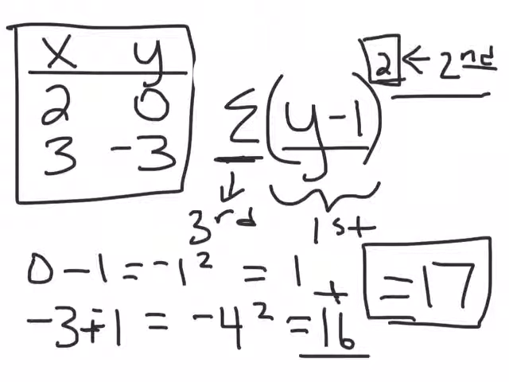So remember, parentheses come first, then you have any exponents. You're going to do whatever is within those parentheses first. The next step is you're going to deal with any exponents outside of the parentheses.